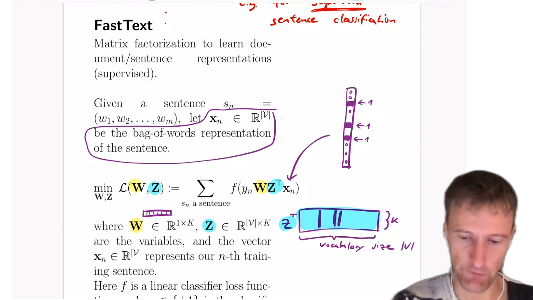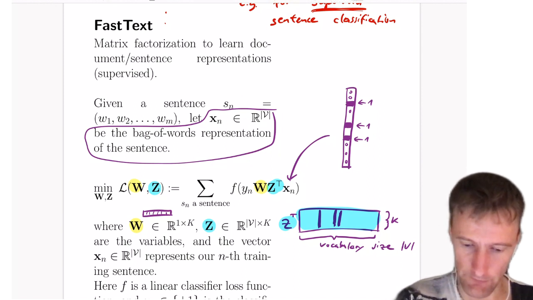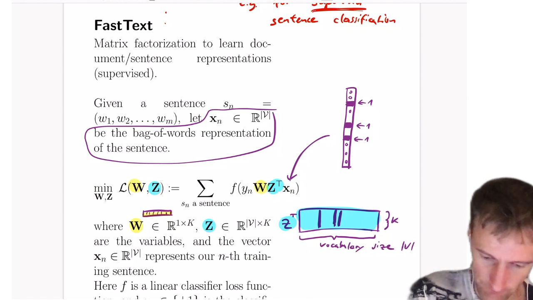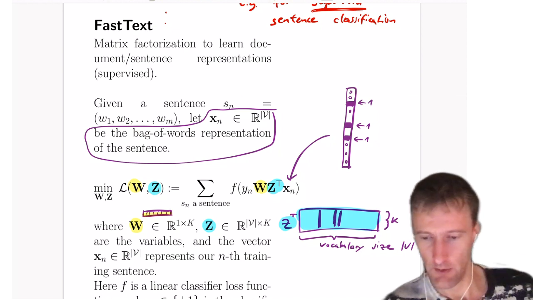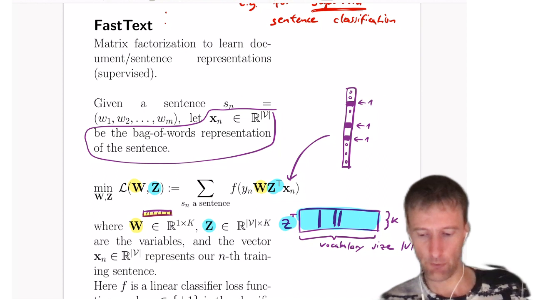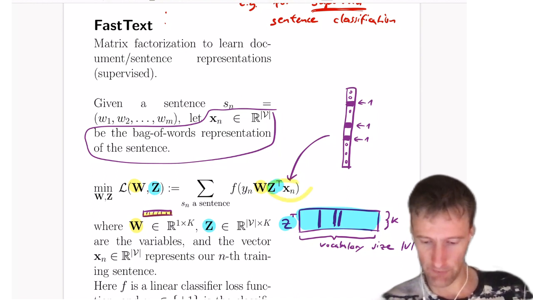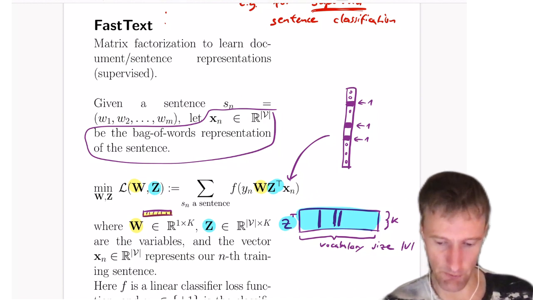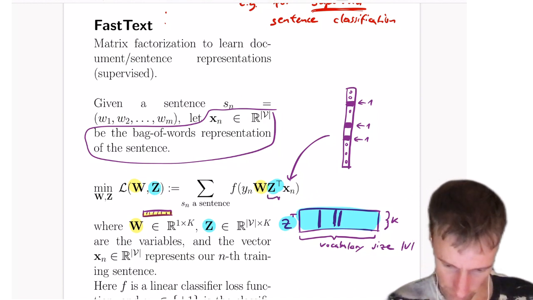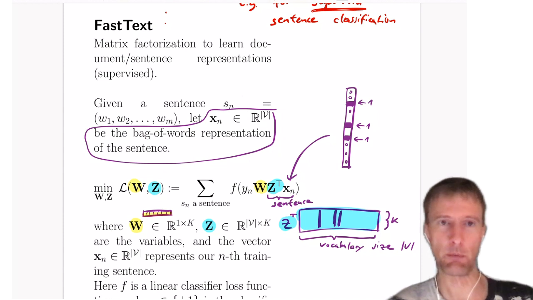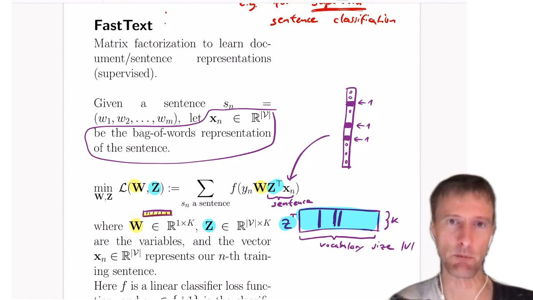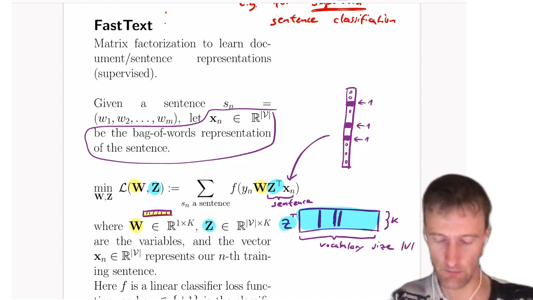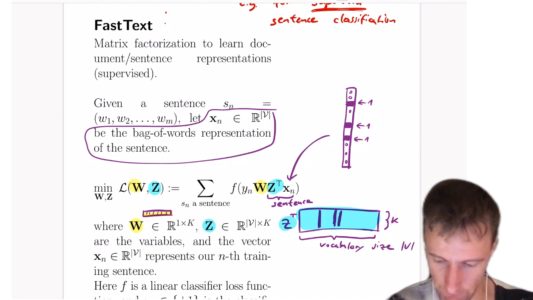W is just a classifier matrix. So from Z times X, you get your sentence representation, and then you multiply with the classifier W. And the sentence representation is just obtained easily by adding those word vectors which are present in my sentence.